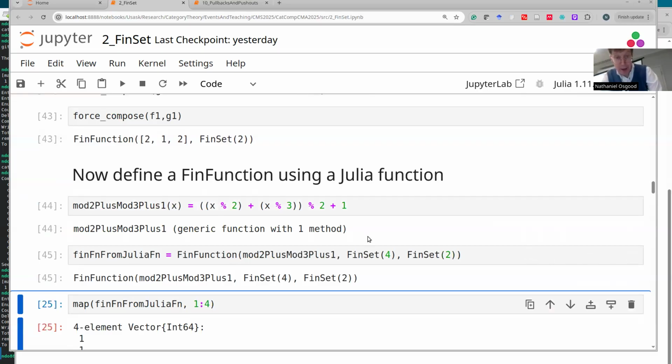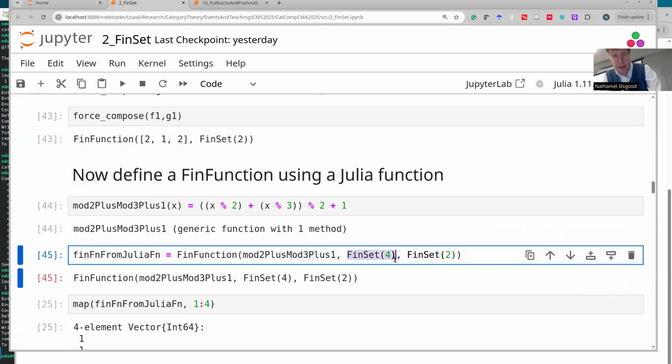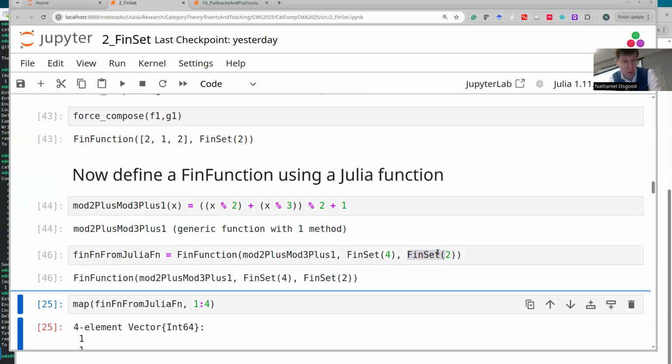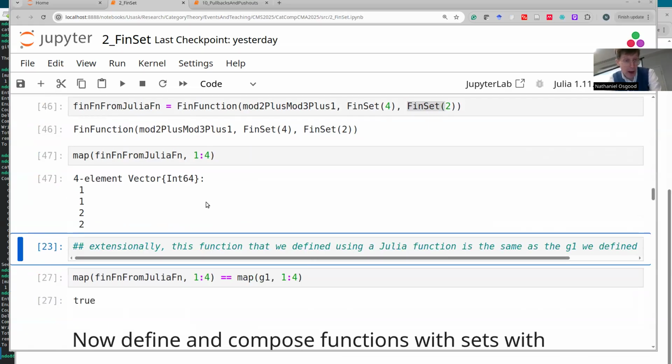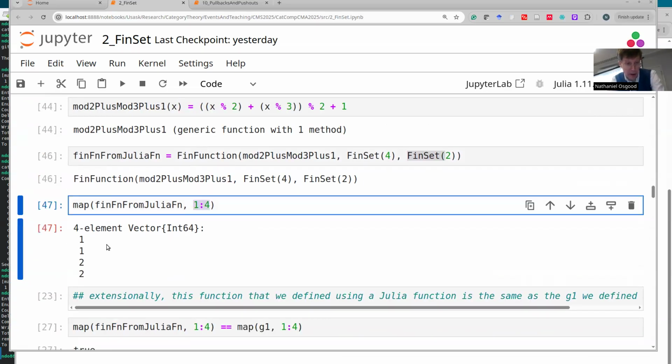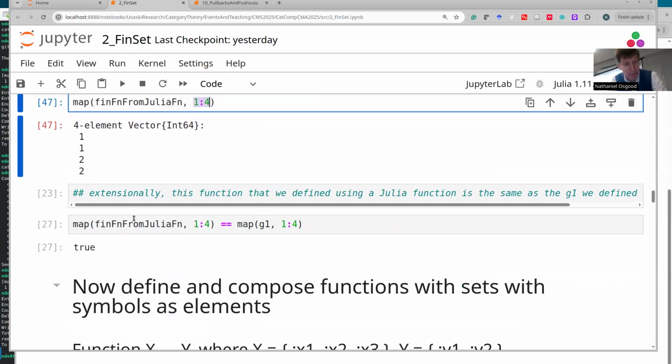In this case, mapping from a set of 4 elements to a set of 2 elements, where each of them has appropriately numbered numeric sets, 1, 2, 3, 4, and 1, 2. And I can map that, for example, on a sequence here and get back a sequence of results.